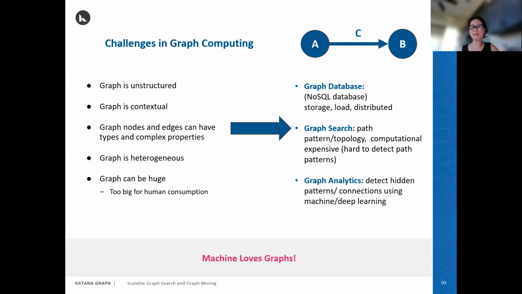Furthermore, graph also has complex properties. For instance, C can be transitive, like "friend of", or it can be an inverse function: you buy something, something is bought by you, so it can have inverse functional properties. So C can have complex properties. Graph itself is heterogeneous.